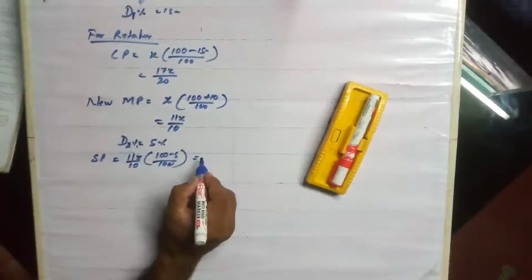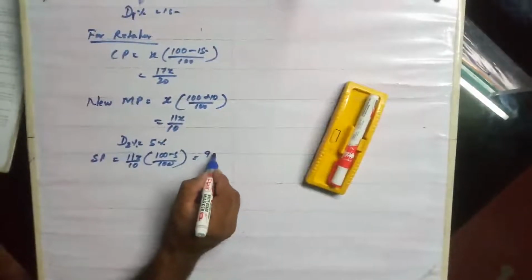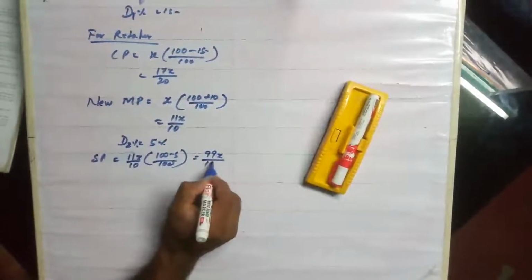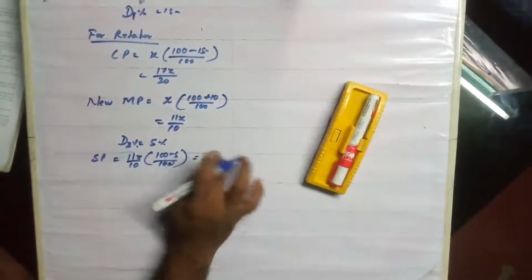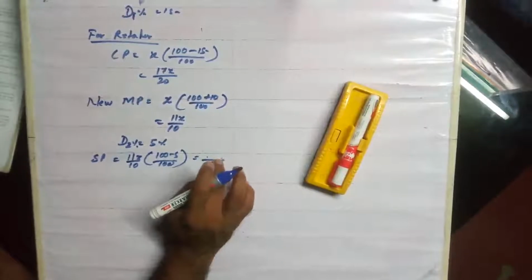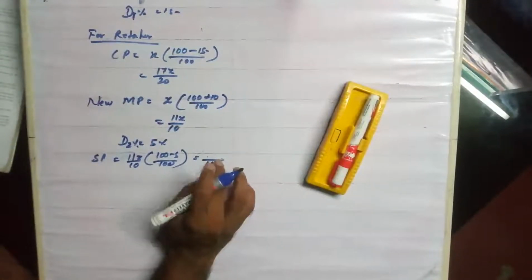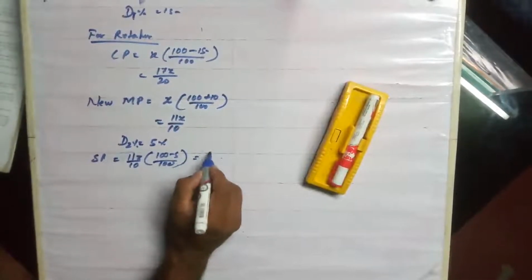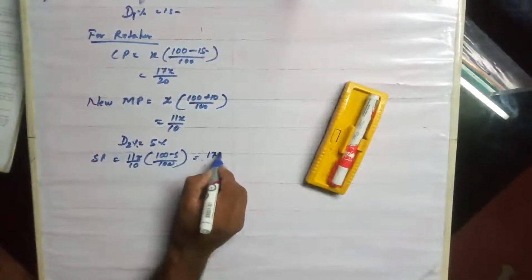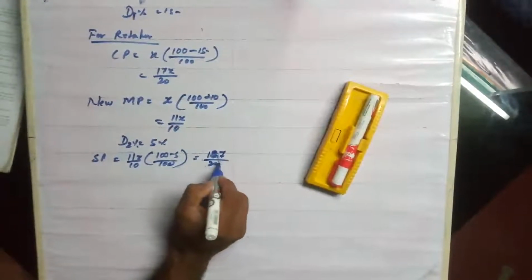That will be 95 by 100. Sorry, I made a mistake there, so 187x by 200.